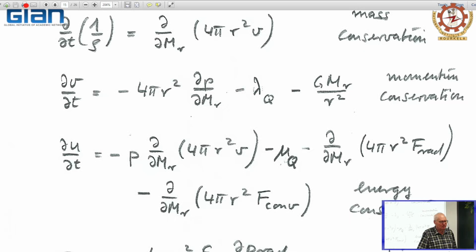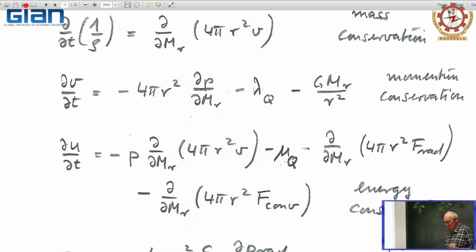The perturbation of the convective luminosity is set to 0 according to the frozen-in approximation. And once we introduce a viscosity term in the momentum equation, then a corresponding term will appear in the energy equation, because through these artificial viscosity terms, energy is transferred from the mechanical part into the thermal part of the energy. Well, the epsilon terms have been omitted because we do not consider the nuclearly active regions in the star.